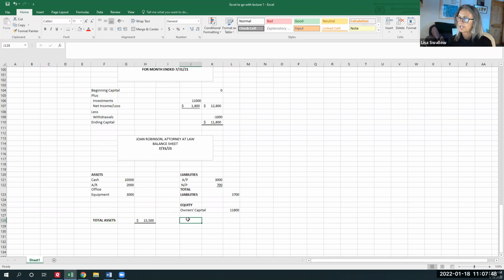The moment of reckoning, we know that our accounting equation is total assets equal liabilities plus equity. So my last subtitle is total liabilities plus equity.